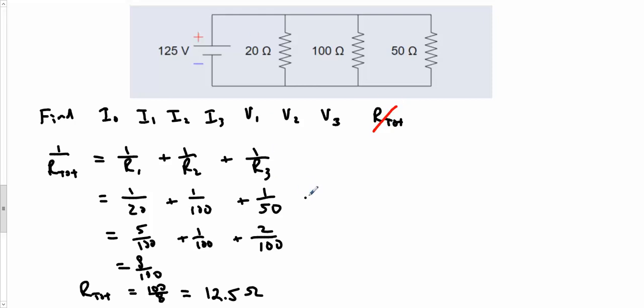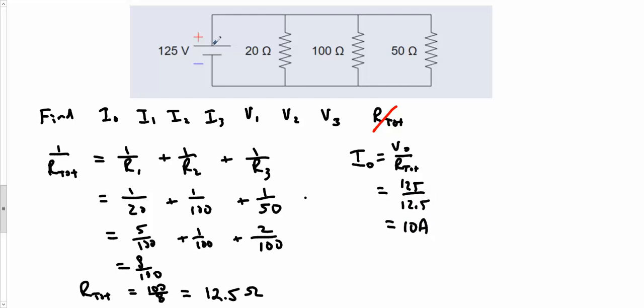Since I have the total V and the total R, let's find the I that leaves the battery. I0 is V0 over R total, which is 125 over 12.5, which is 10 amps.